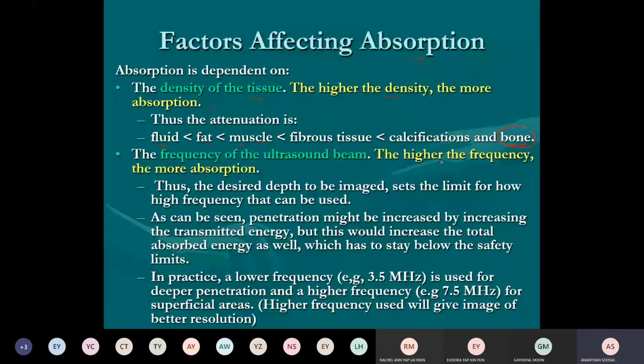Another factor is the frequency of the ultrasound beam. The higher the frequency, the more absorption. If you use ultrasound with a very high frequency, the absorption coefficient will rise, so more will be absorbed. Thus the desired depth to be imaged sets the limit for how high a frequency can be used.